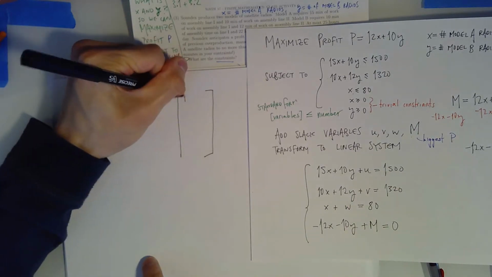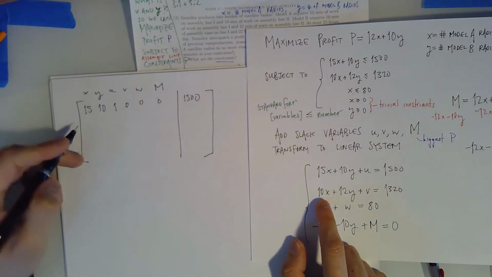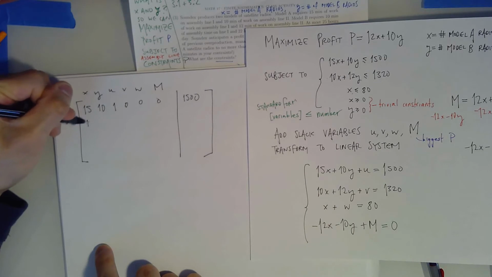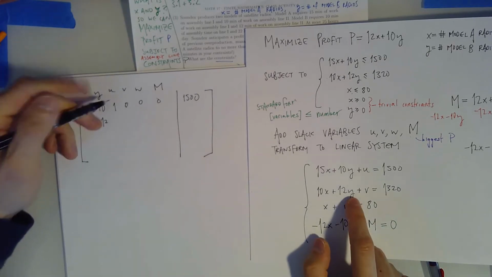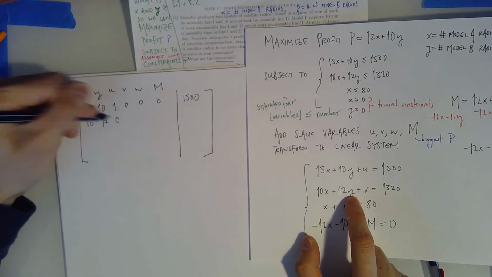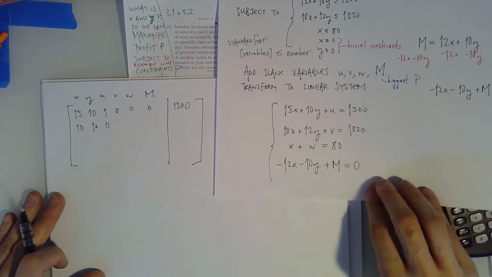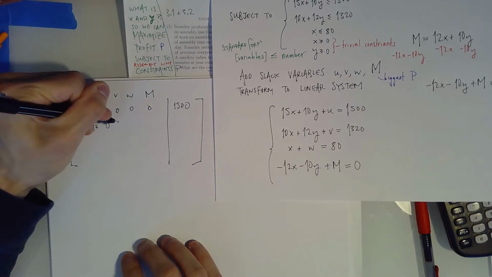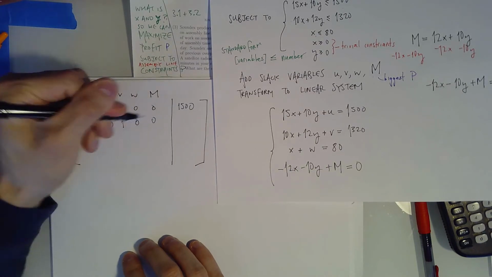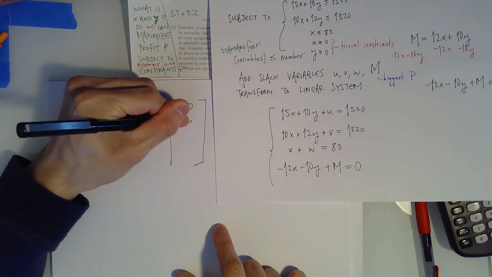So that's 1500. Then 10, 12. You have no U, so that's a 0 here, and then you have a 1V here, 0 W's, 0 M's, and 1320.